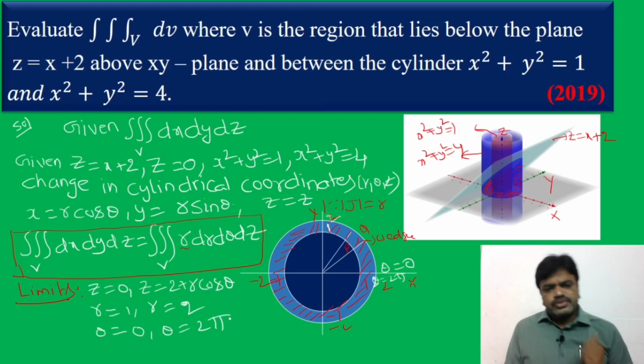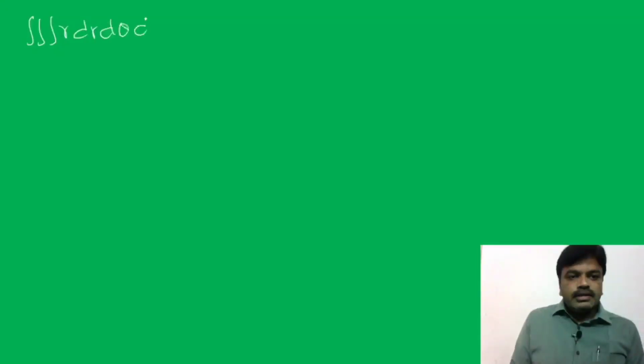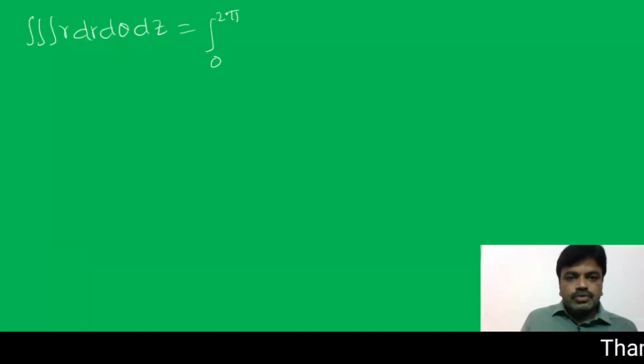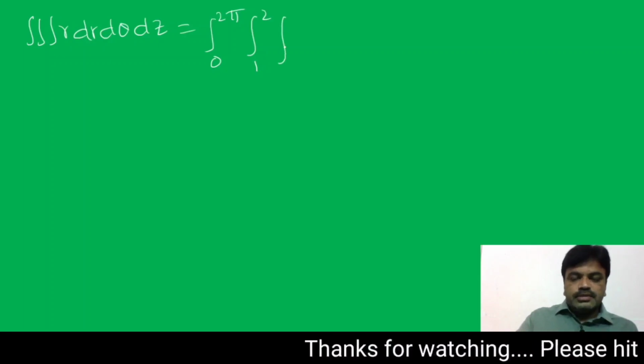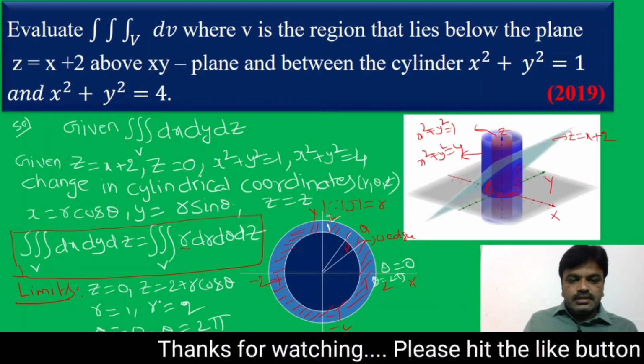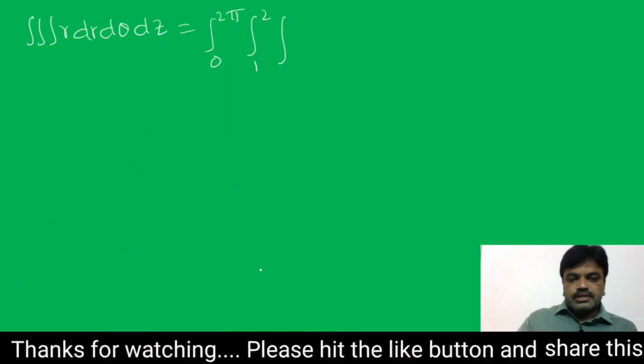Now simply substitute. The triple integral of r dr d theta dz is equal to, first we write the theta limits, 0 to 2 pi, r limits 1 to 2, z limits 0 to 2 plus r cos theta.